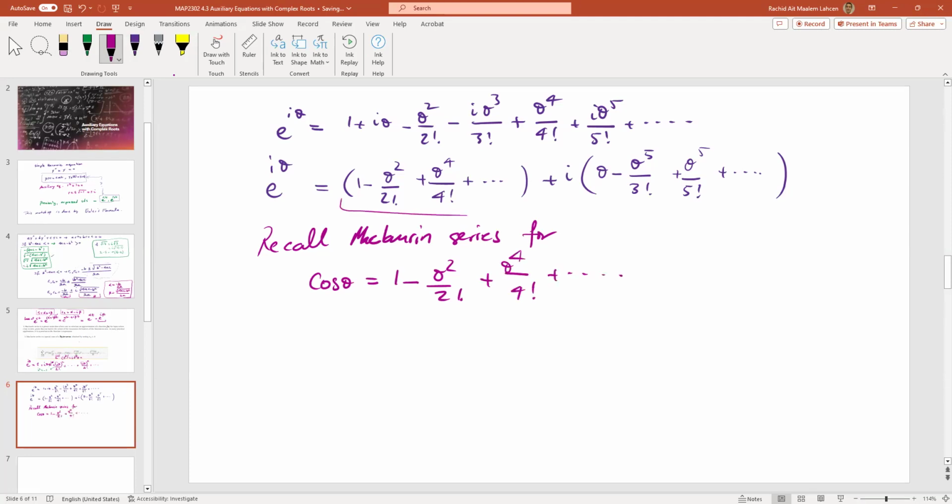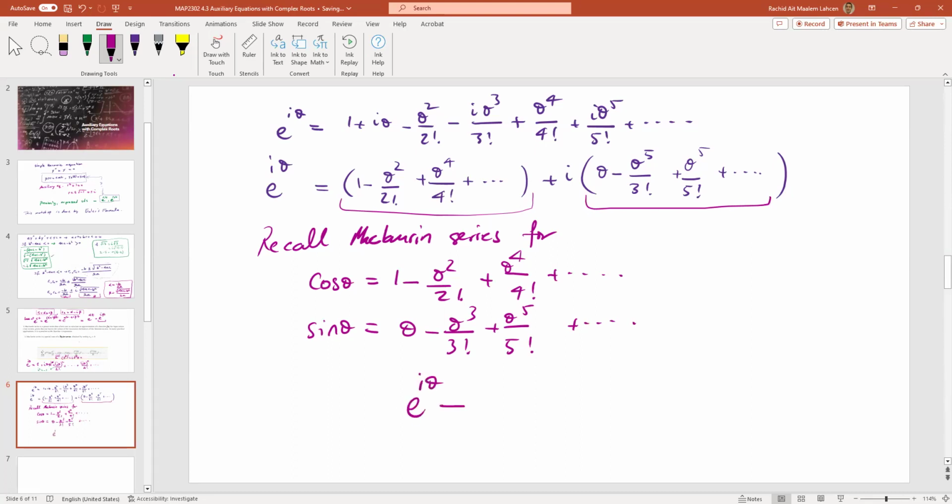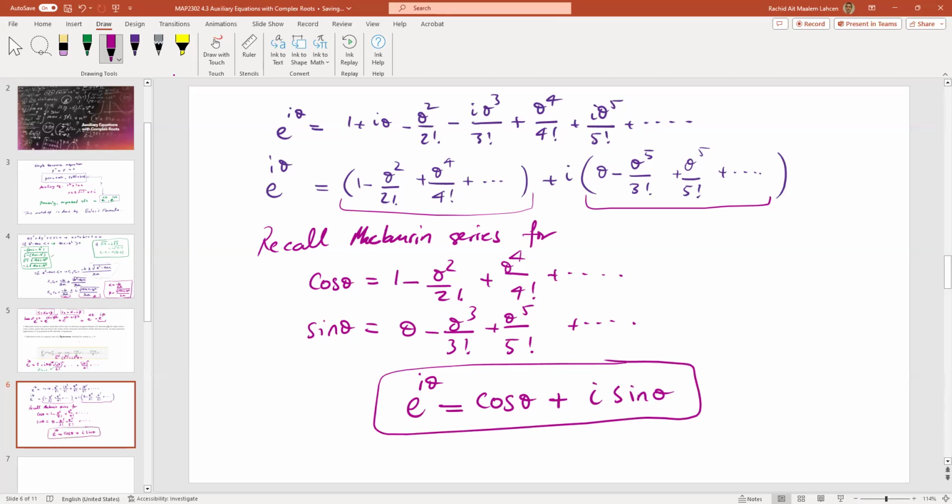So it's really this. Then if you recall, sine of theta is theta minus theta cubed over 3 factorial plus theta to the 5th over 5 factorial plus this, which is really this. So what we have here is Euler's formula, which is cosine theta plus I sine theta. And of course, let's write it here.